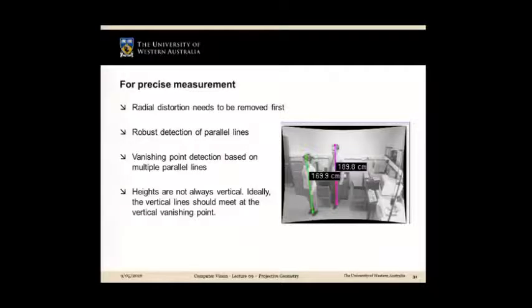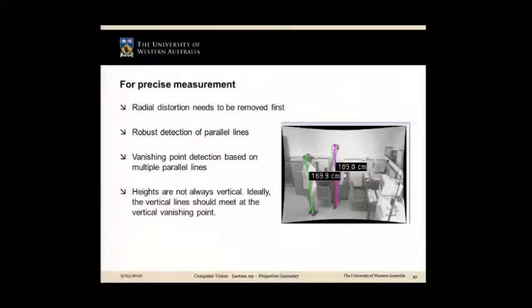Next, robust detection of parallel lines. How do you ensure robust detection of parallel lines? If you're clicking on an image, the probability of error is pretty high. So your clicks should be very, very accurate.